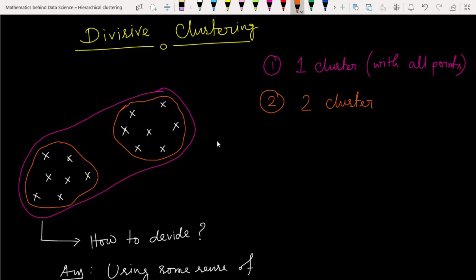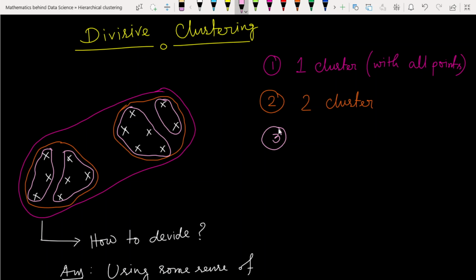Now in the third step, similarly using some concept, suppose this one is a cluster, this one is a cluster, this one is a cluster, this one is a cluster.